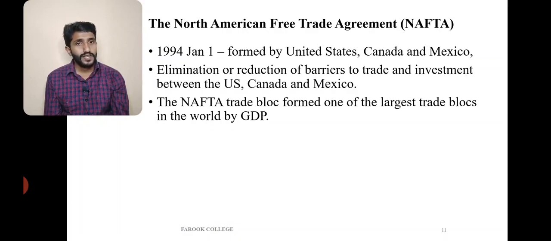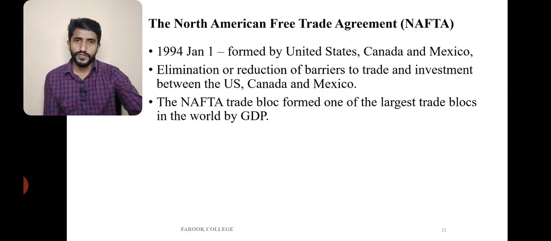Three countries joined together, and they started eliminating or reducing the barriers to trade and investment between US, Canada and Mexico. So this is an organization of only 3 countries, but still it has a major contribution to the world, because the NAFTA trade bloc formed one of the largest trade blocs in the world by GDP. If we consider the GDP level, their contribution is huge.